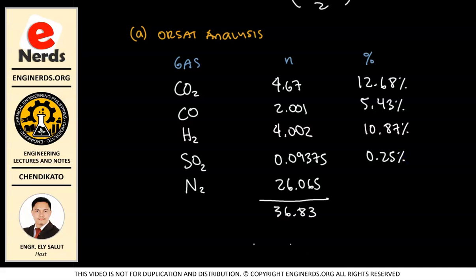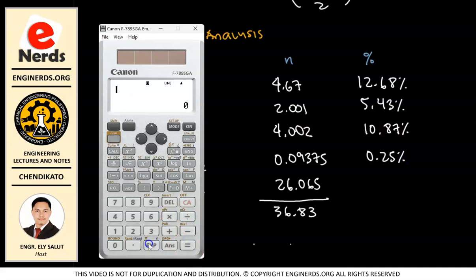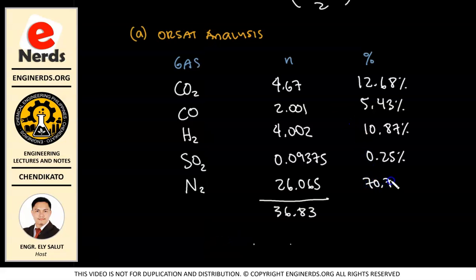And finally, for N2, we have 26.065 divided by 36.83 times 100. We have 70.77%. So this is our ORSAT analysis.